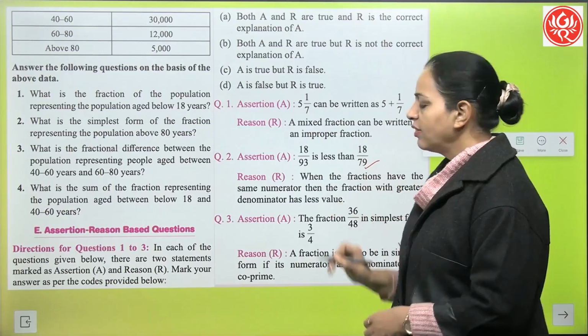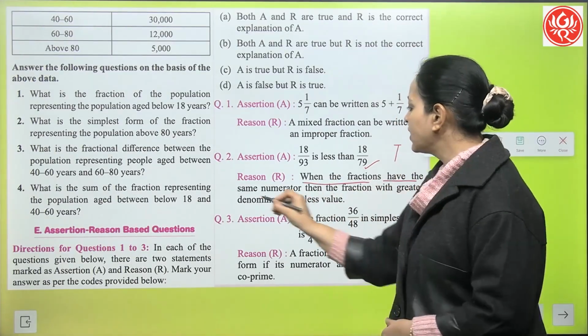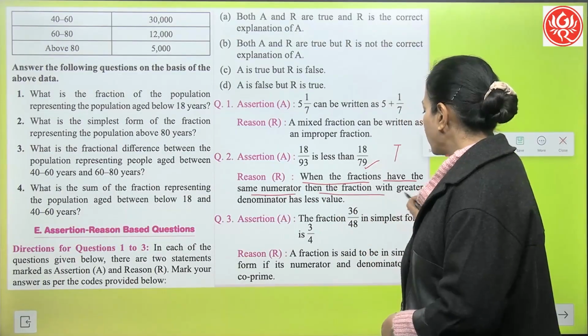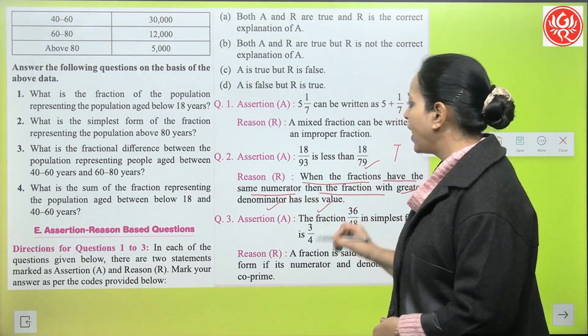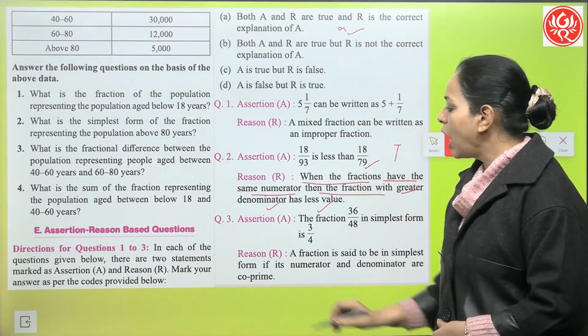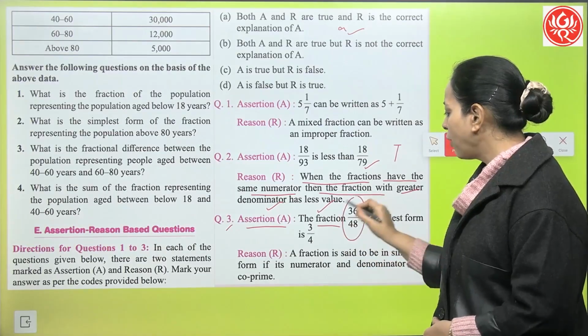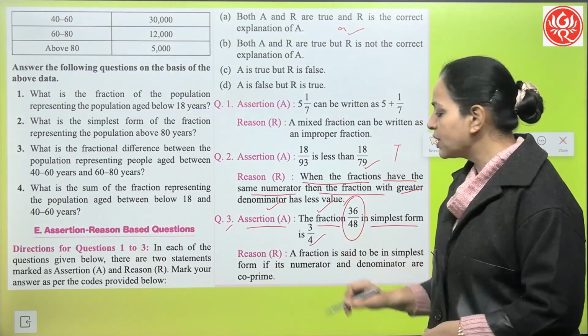Yes, this is true. And reason R, when the fractions have the same numerator, then the fraction with the greater denominator has less value. So A, this is correct. Okay. Now the question number 3, assertion A, the fraction 36 by 48 in the simplest form is 3 by 4.